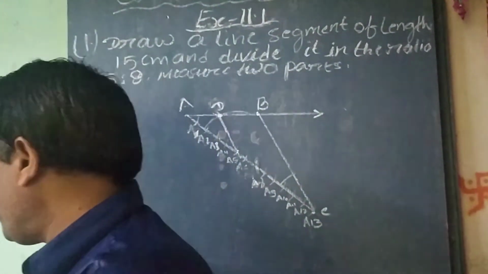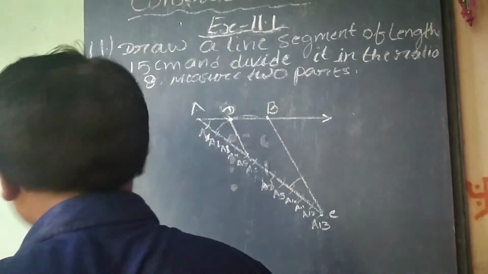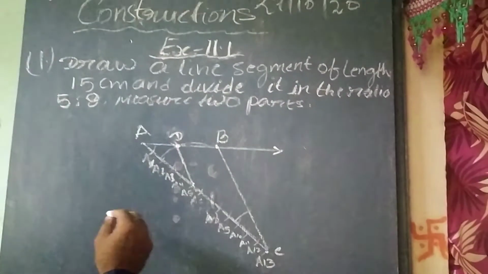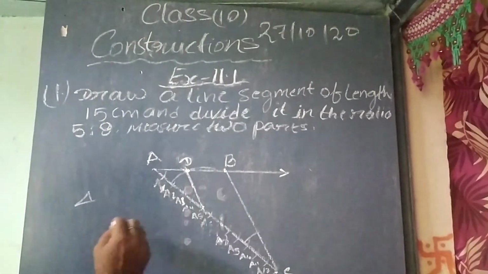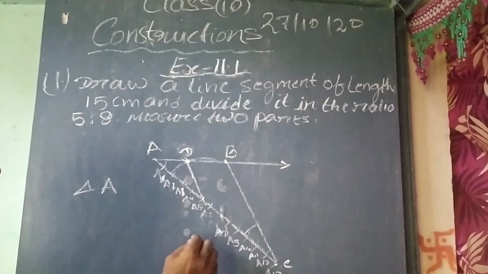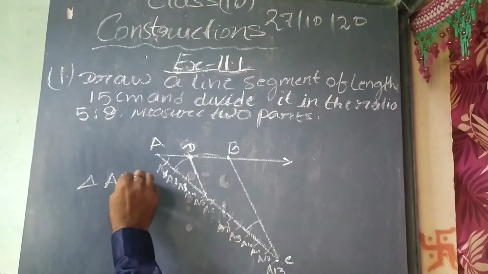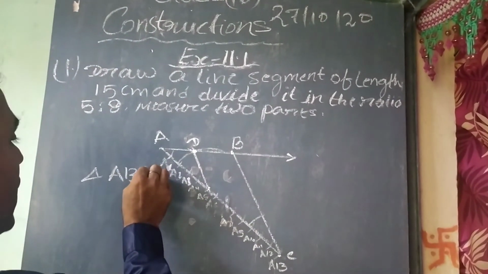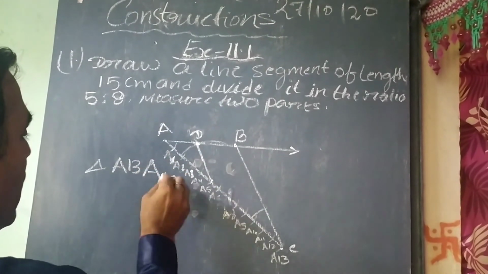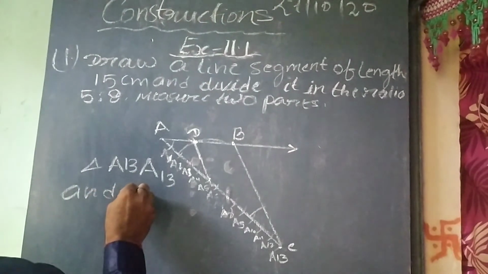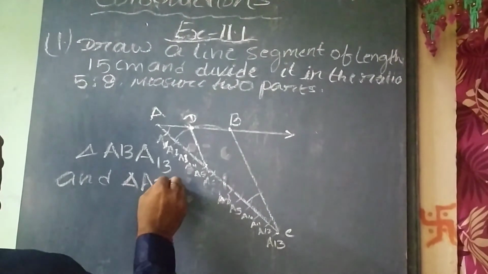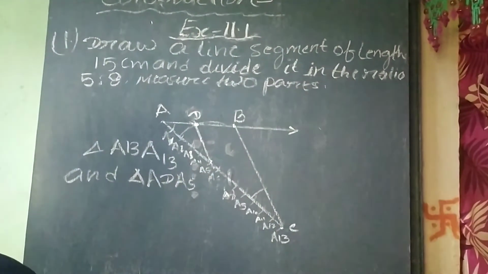Now, how have we constructed? So, the justification: here two triangles have formed, as you can see, triangle ABA13 and triangle ADA5.